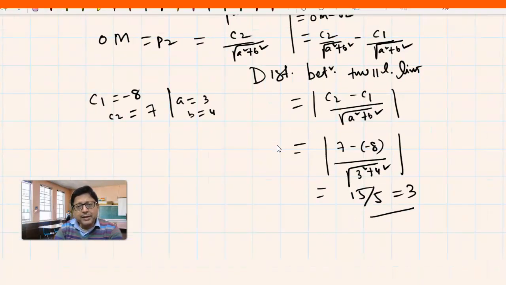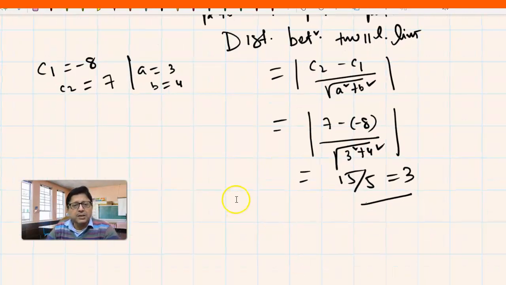I am finding tan theta between these two lines first.